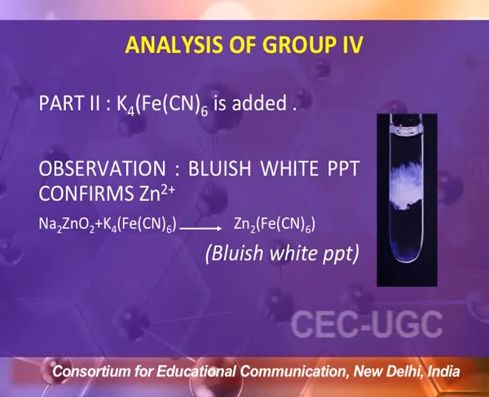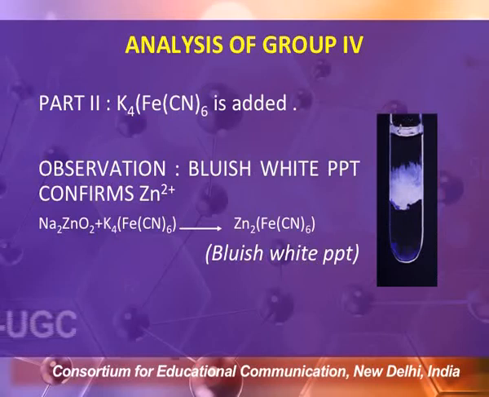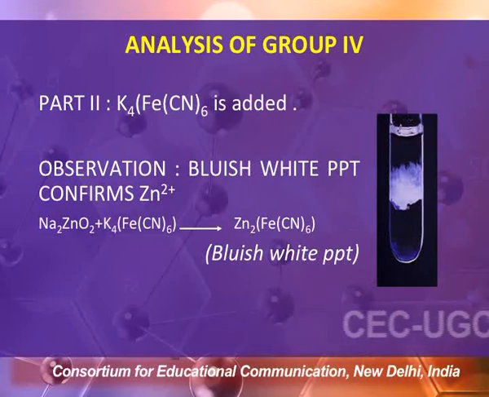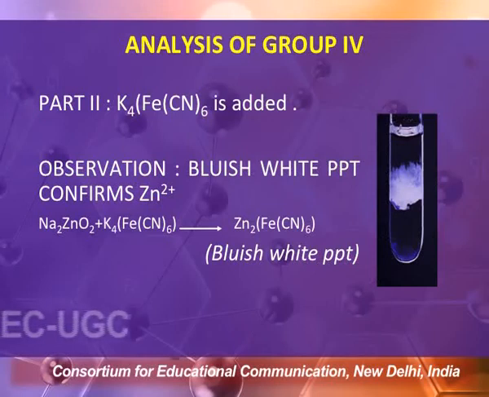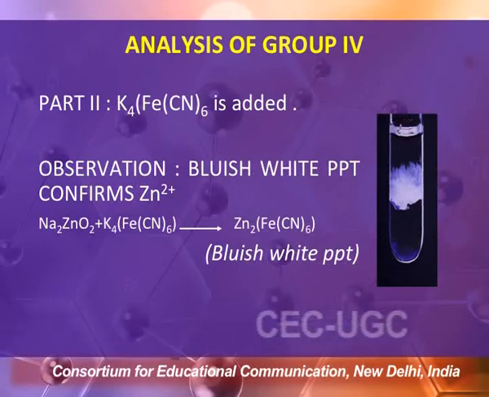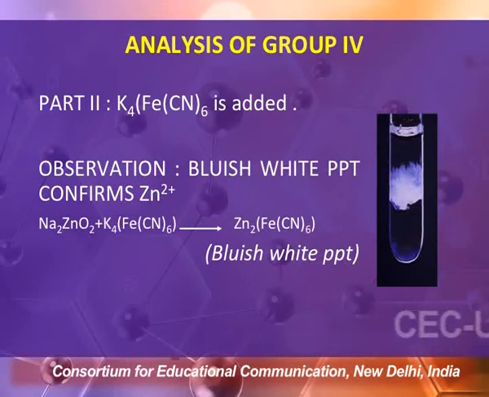To the second part of the centrifugate, potassium ferrocyanide solution is added, and every reagent which needs to be added is generally added in equal amounts. That means if 1 ml of the centrifugate is taken, then 1 ml of potassium ferrocyanide, K4Fe(CN)6, is added.